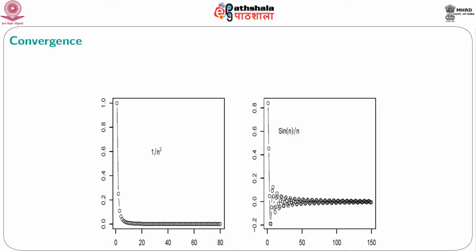Now consider the first plot. We find that 1 by n squared is a decreasing sequence, it decreases and decreases up to 0. And in case of sin n by n, we find that initially it oscillates and then becomes stable for large n.